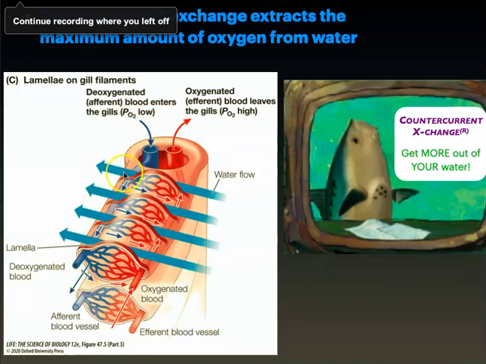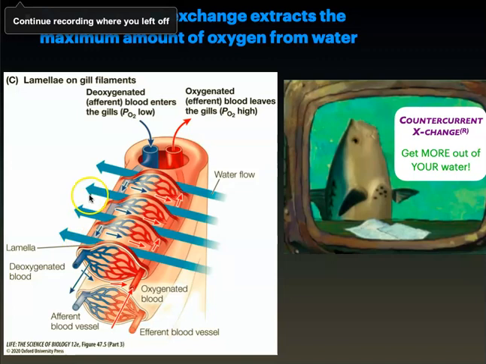This blood vessel here is exposed to the water. It's exposed to water that has already had a lot of the oxygen extracted on the right side. We'll talk about that in a moment. But this is good because if there's going to be any oxygen exchange, it's going to be going from the water to this blood, because this blood has so little oxygen because all of it was delivered to the body.